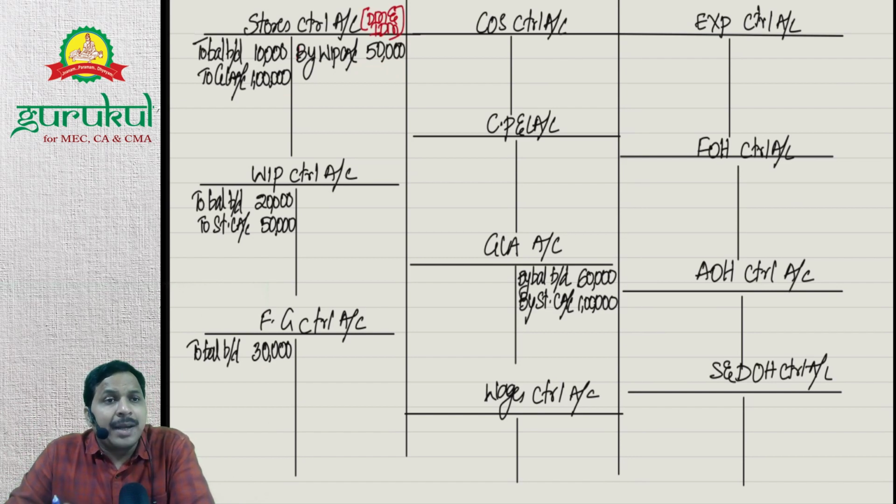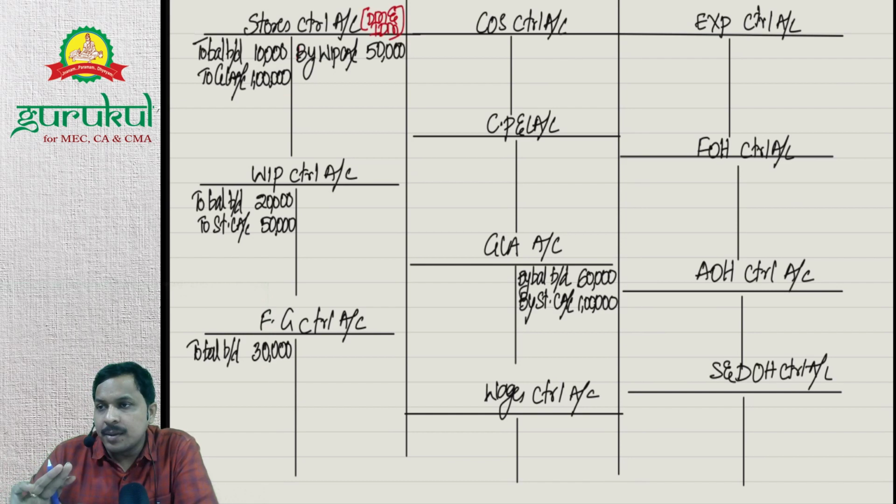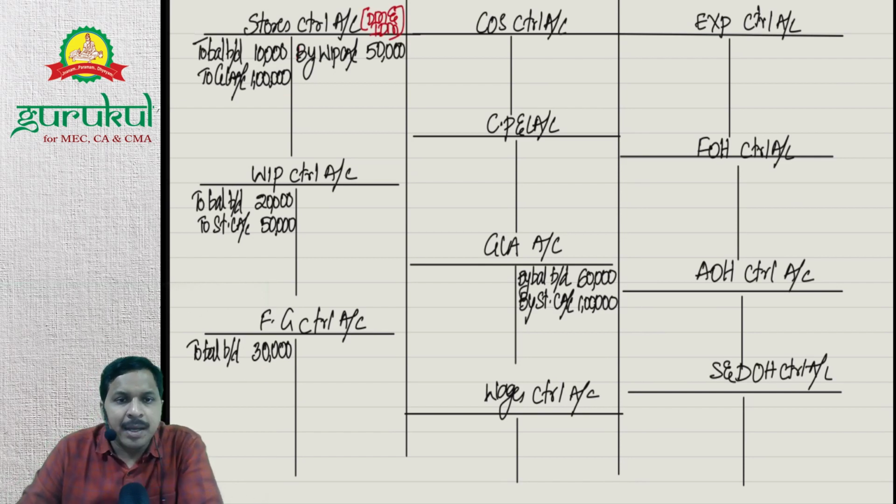Now, based on this point, remember any direct cost will be transferred to work in progress account. Any direct cost is transferred to work in progress. For example, direct materials. Raw material issued to production means direct material. Direct you should post in work in progress, because work in progress is a part of our production. So therefore, direct to production means we will be transferring it to work in progress.